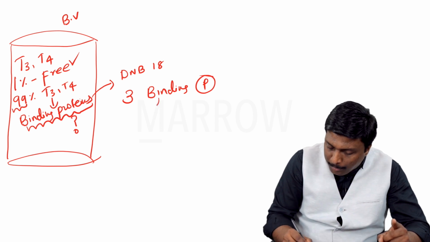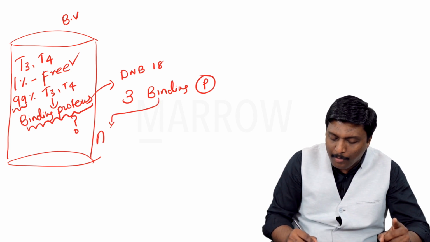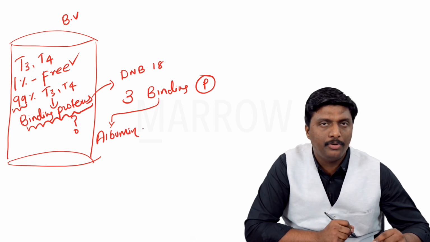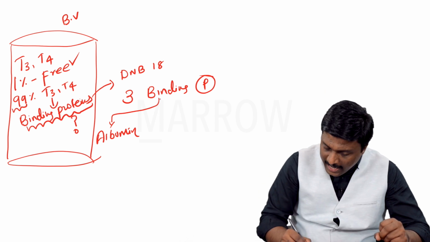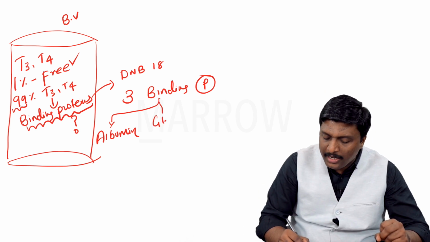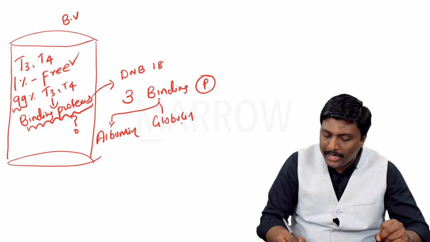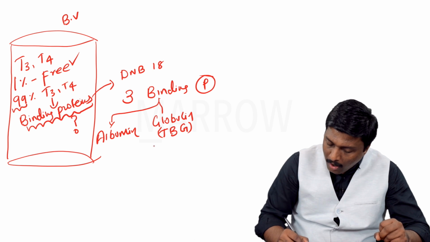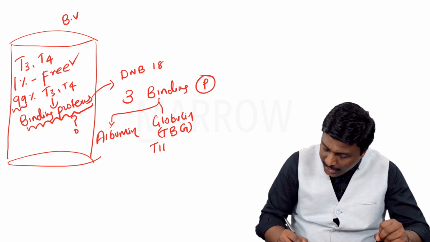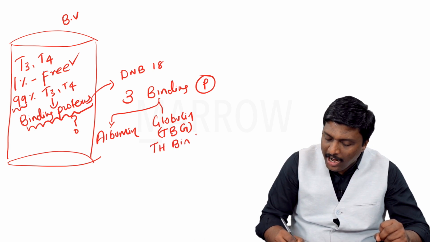The first important binding protein for thyroid hormone is none other than albumin, the plasma protein. Albumin can bind thyroid hormone. The next important binding protein is a globulin. What is this globulin called, sir? TBG. What does TBG stand for? Thyroid hormone binding globulin.